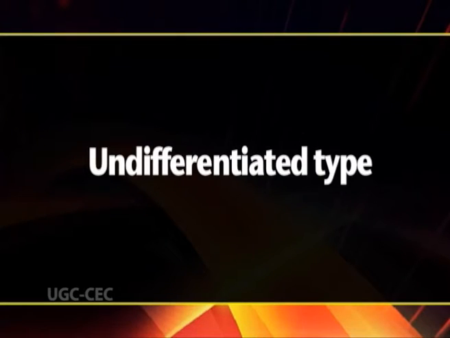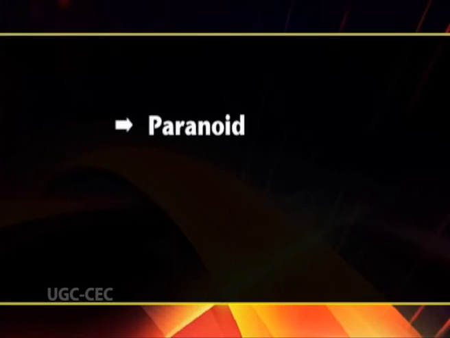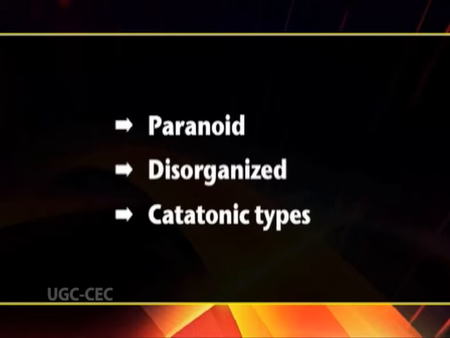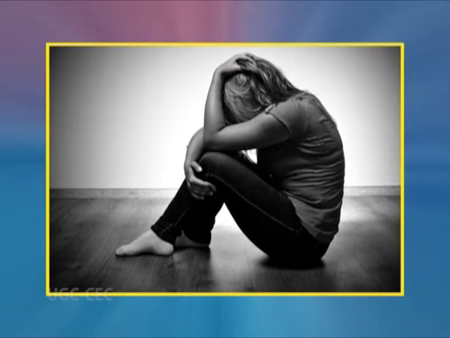Fourth is undifferentiated type. Psychotic symptoms are present, but the criteria for paranoid, disorganized or catatonic types have not been met. And fifth one is residual type, where positive symptoms are present at a low intensity only. The ICD-10 defines 2 additional subtypes.